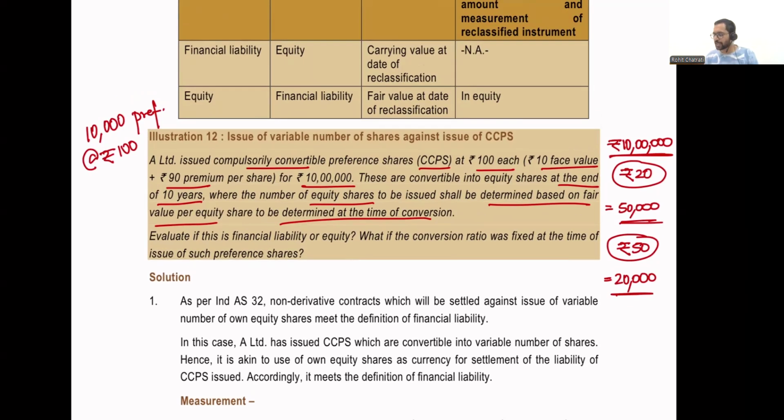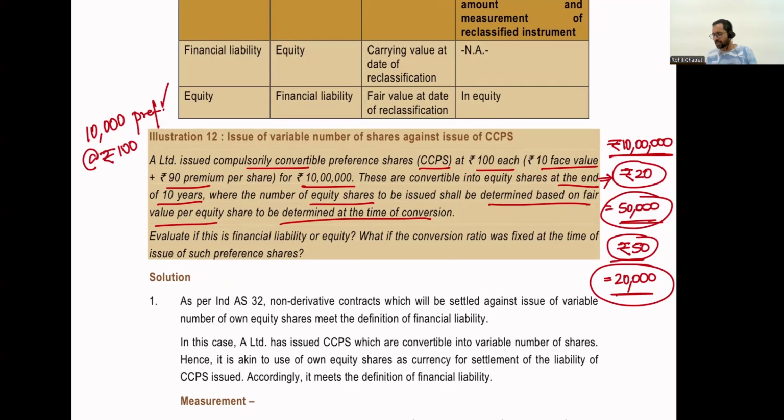If the fair value is 20, then these 10,000 preference shares will get converted into 50,000 equity shares. If the equity shares have a fair value of 50, then these 10,000 preference shares will be converted into 20,000 equity shares.